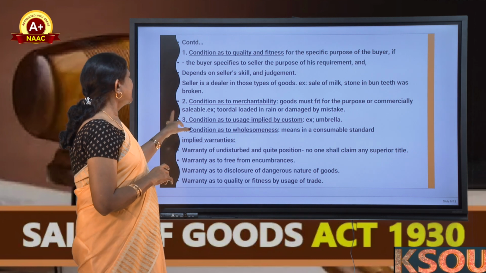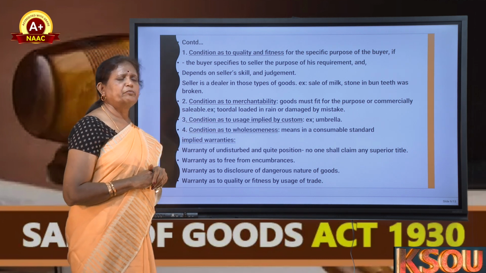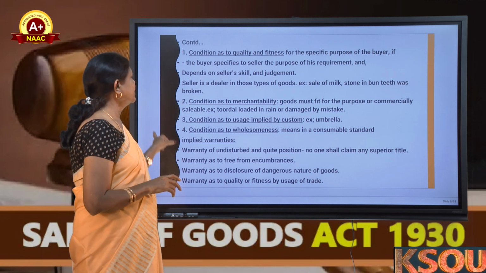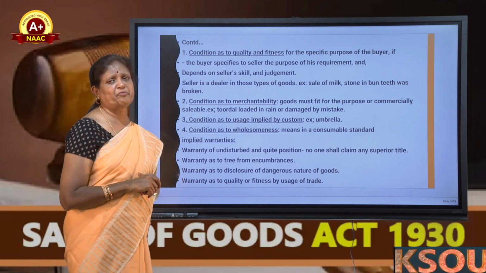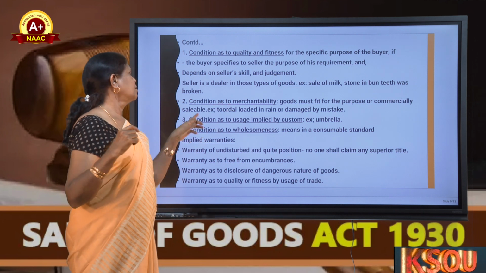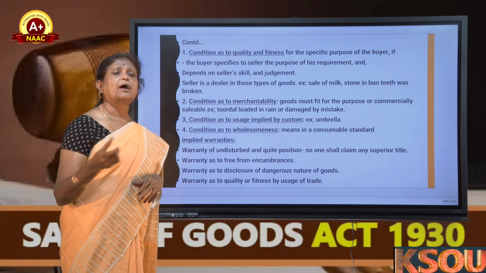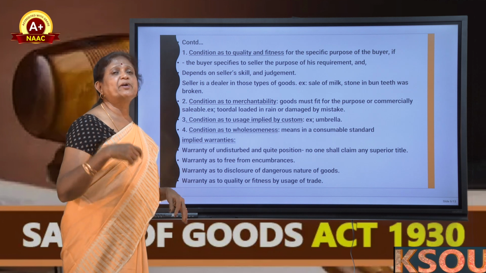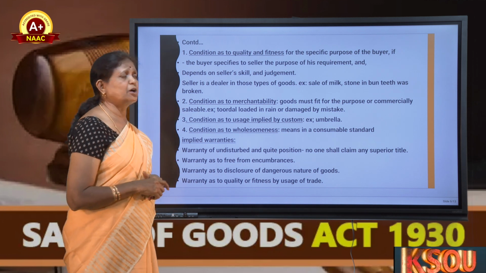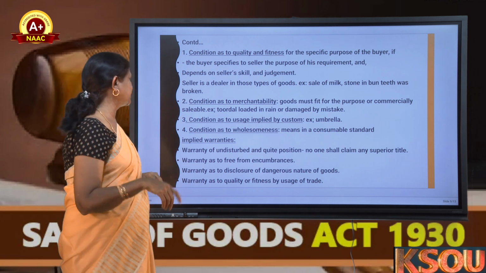If any goods are destroyed by some external factors, then the condition as to merchantability is said to have failed. Suppose any grain was damaged by rain while loading or packing, so it is not of resaleable value. In such cases, it is a violation of the condition as to merchantability.